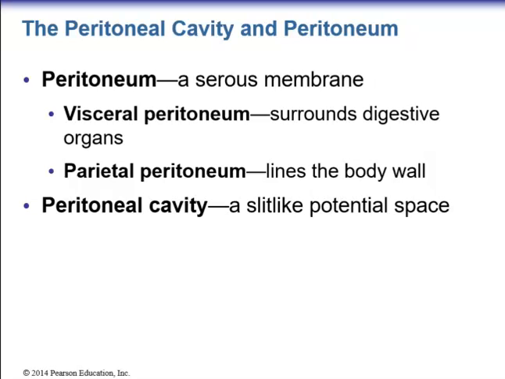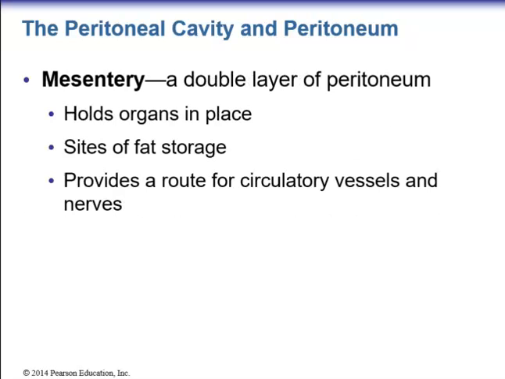And then the peritoneal cavity is that slit-like potential space between the two layers. Mesentery is just a double layer of peritoneum made up of the visceral and parietal peritoneum. Mesentery helps hold and anchor the organs in place, also is a site for fat storage, and can provide a route for circulatory vessels or blood vessels, as well as nerves.